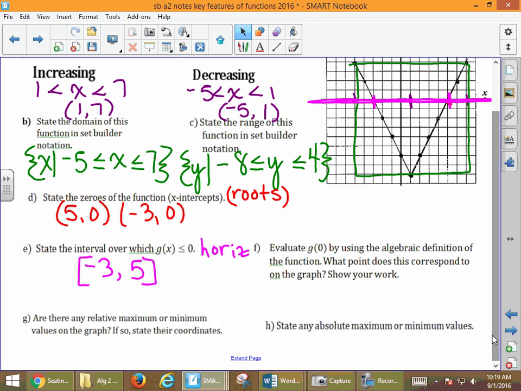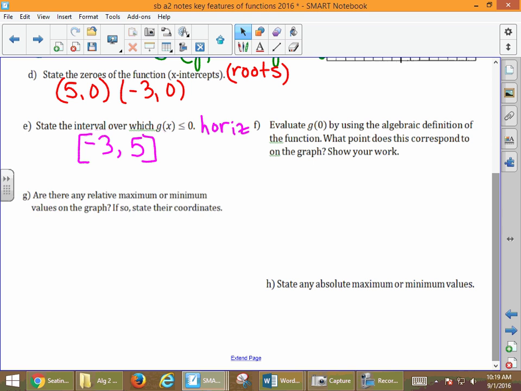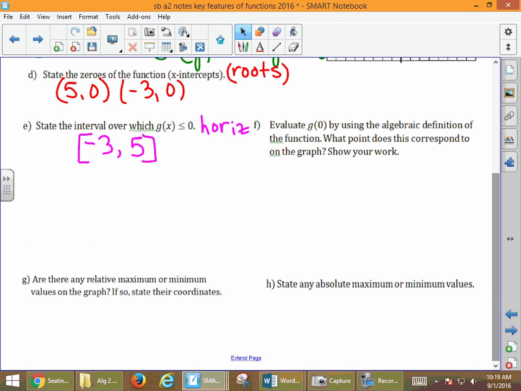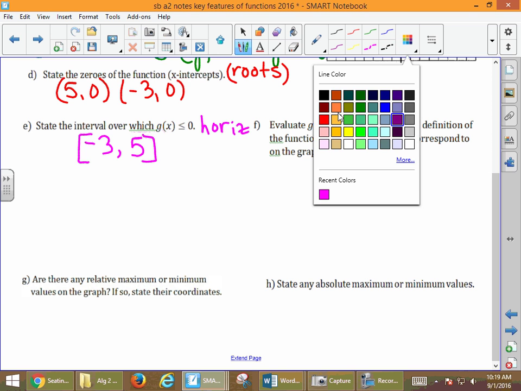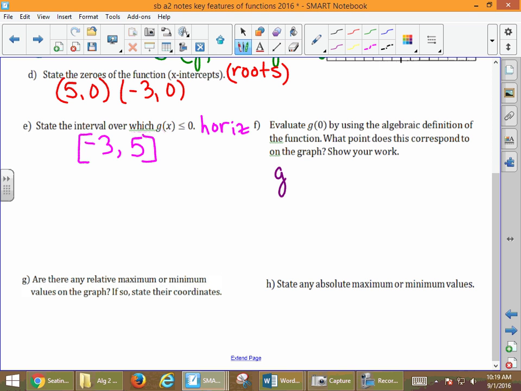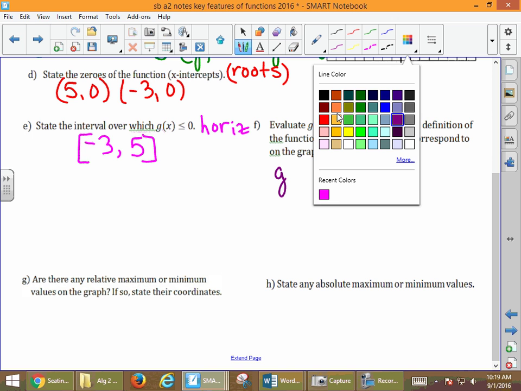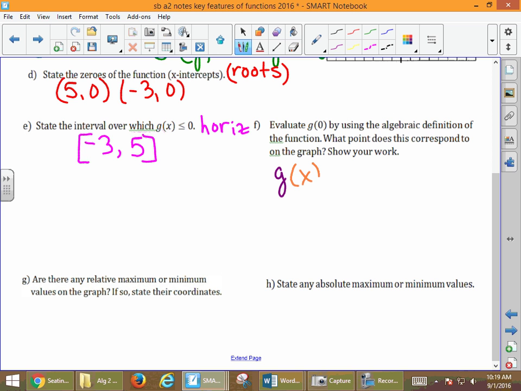Letter F. It says evaluate the function. Evaluate g of 0 by using the algebraic definition of the function. So if you look back at the top of your page, what you see is g of x equals 2 times the absolute value of x minus 1, minus 8.